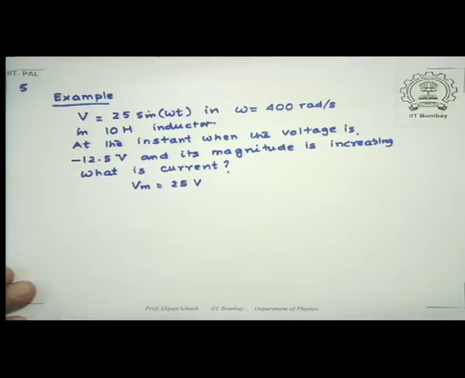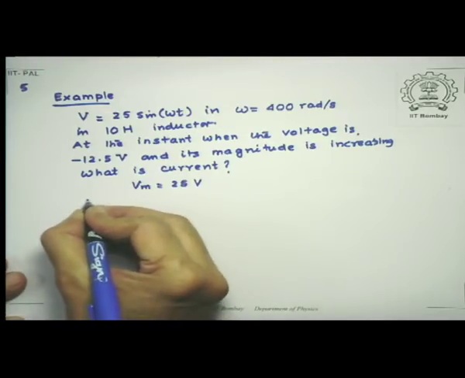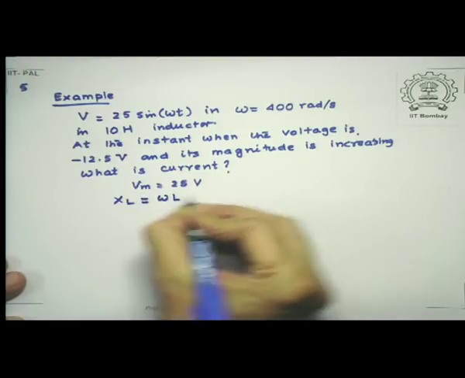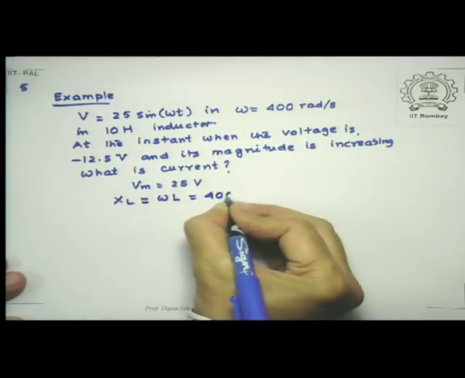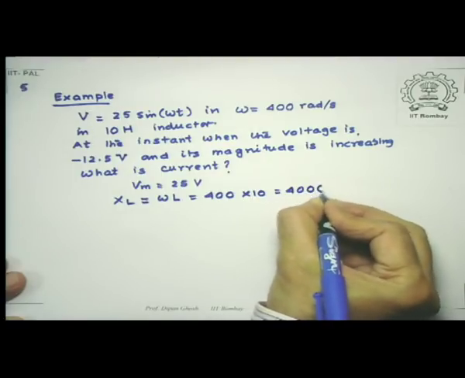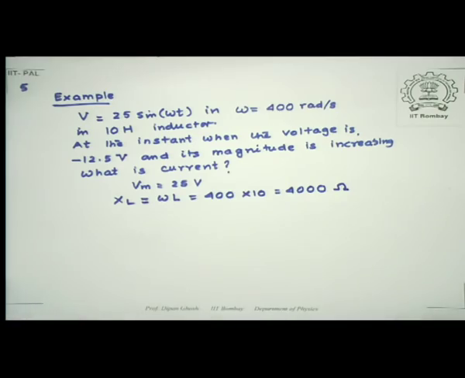From the given data, I can also find out what is inductive reactance. So XL, which is equal to omega times L, omega is 400 and L is given to be 10, which is 4000. The unit of reactance happens to be just ohms.